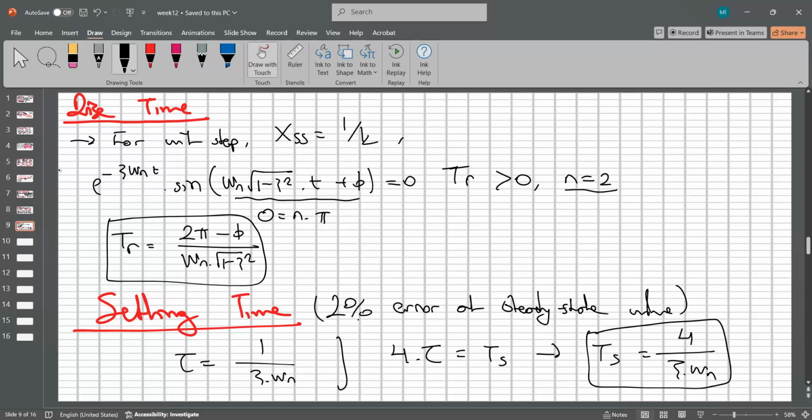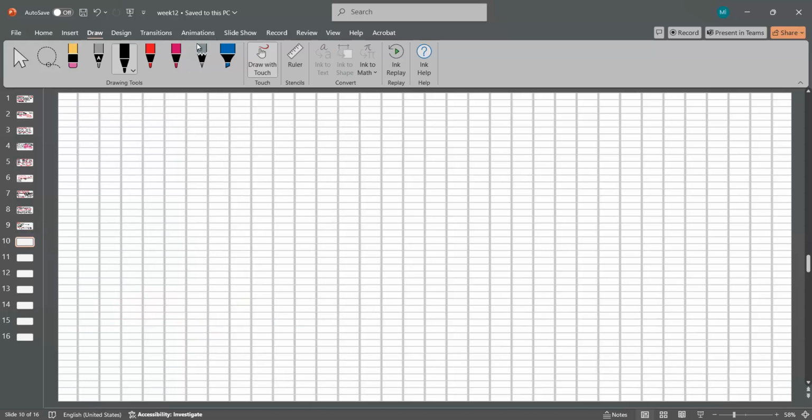I'm showing with an example. 4.8.4 parameter estimation in time domain.